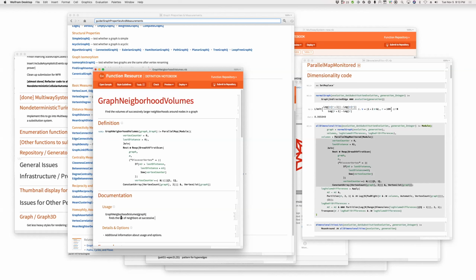That's the count of neighbors at successive distances for each node in the graph. And then what we probably want to do, it's not quite at distances, it's at or below distances. So it's within distances.